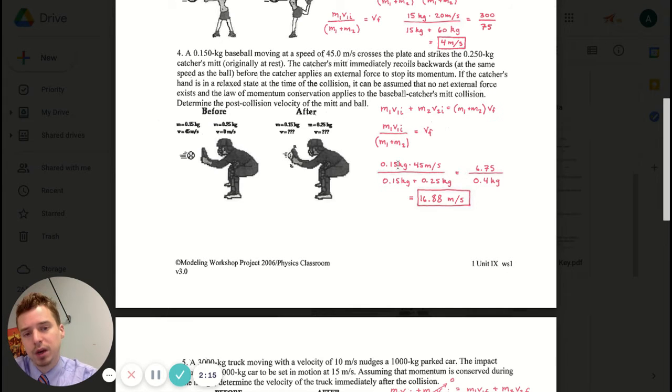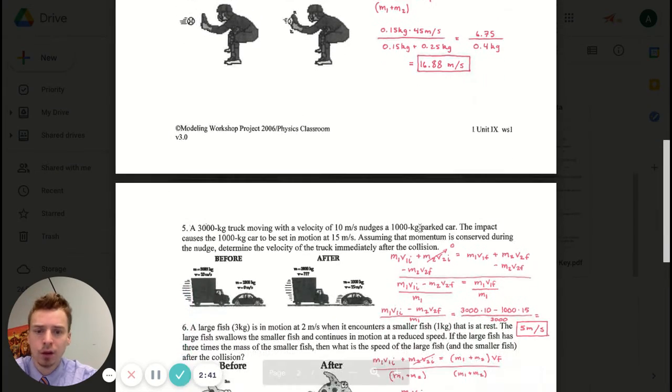So the mass of object 1, 0.15 kilograms times its velocity of 45, divided by 0.15 plus 0.25 kilograms, and you get 6.75 over 0.4, which should be around 16.88 or around roughly 17, or like 16.9. Either way that you round it is fine.